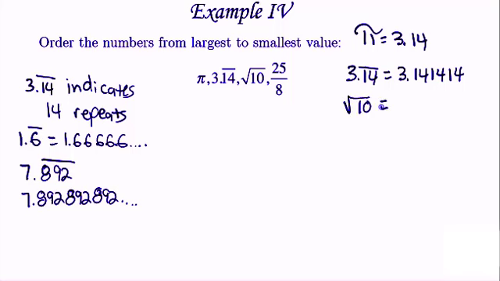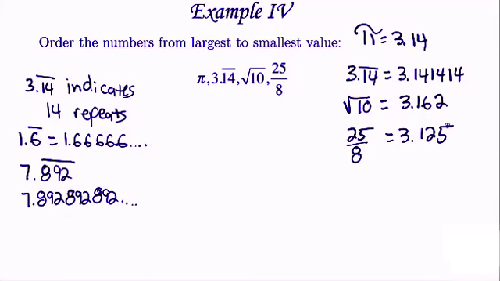So I'm going to approximate that using a rational number, as 3.162. And then I have 25 over 8. And if you figure this out, it comes out to 3.125 in decimal form.